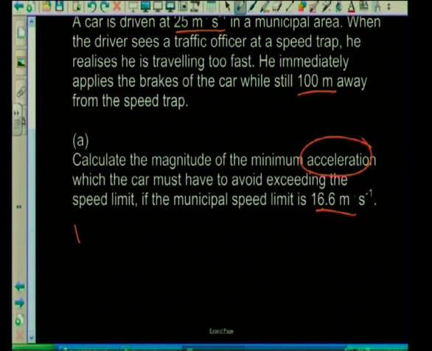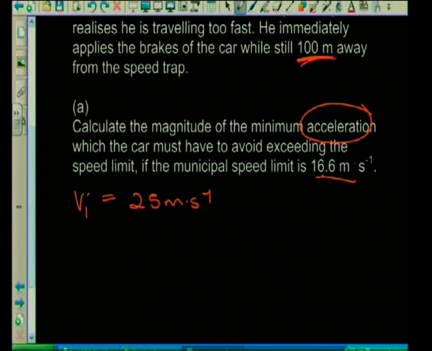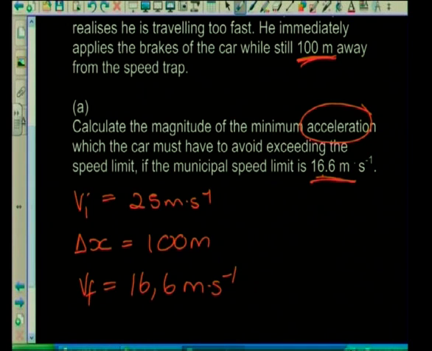So, let's think about what information they're giving us. They're telling you his initial velocity is 25. They're telling you he needs to change that velocity in 100 meters. He needs to get to a final velocity of 16,6, and they want to know what his acceleration needs to be.